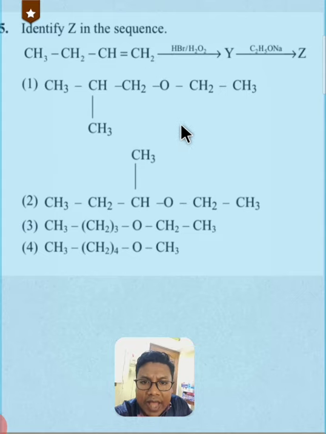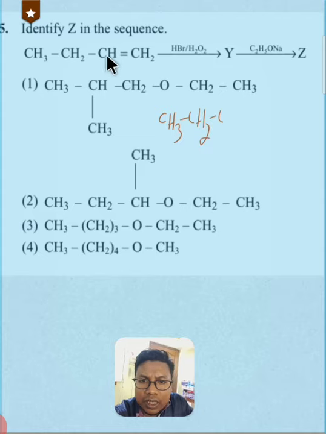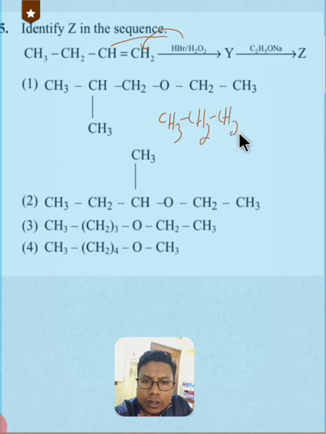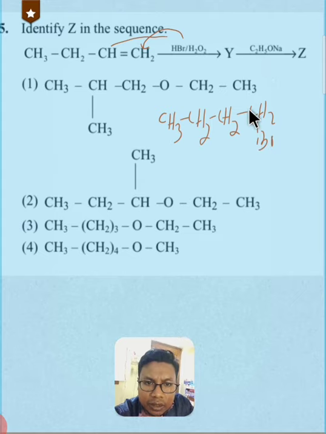So our Y will be this one, CH3, CH2, and to this carbon atom hydrogen will go, and to this carbon atom Br will be attached. That is anti-Markovnikov rule. So we are going to get this CH2Br. This is our Y, and if it is reacted with sodium ethoxide, then Williamson reaction will take place.